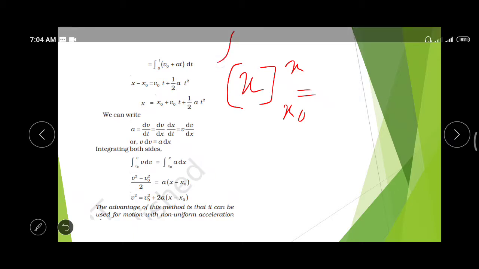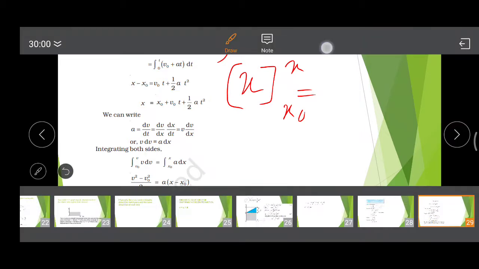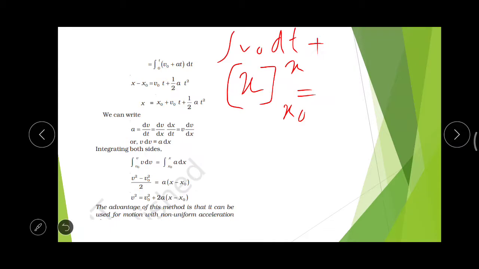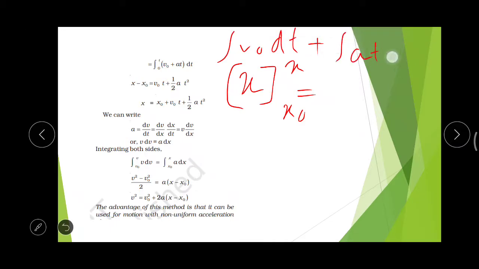I'm not writing the limit, I'm just writing v0 dt plus integration of at dt. Just open the bracket and you can write them as separate ones, v0 dt plus at into dt. You have to consider the limit also.